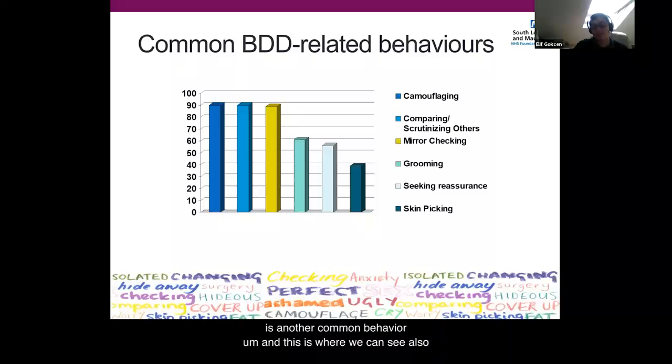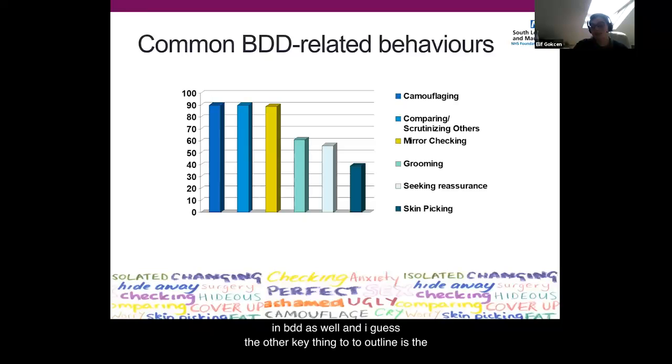Reassurance seeking is another common behaviour, and this is where we can see families being drawn in. So young people can say that they ask their parents or their siblings or their friends about how they might be looking, and this can range from whether they look okay to whether other people can spot what the young person feels is a flaw in their appearance. We know that skin picking can also be quite common in BDD as well.